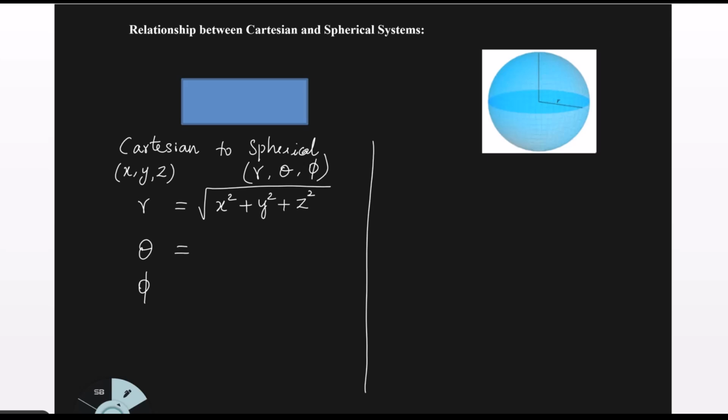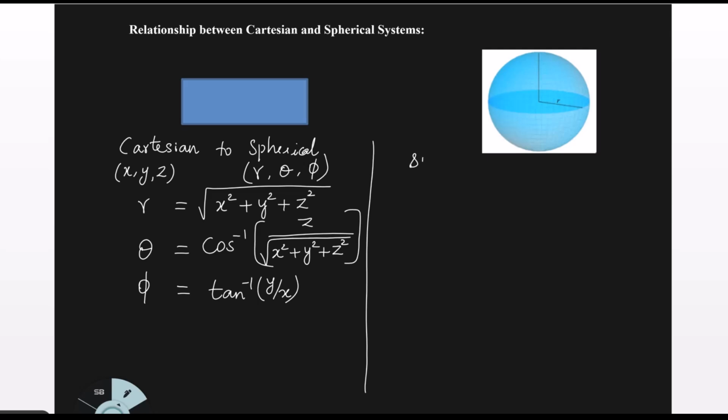Then theta equals cos inverse of z divided by the square root of x square plus y square plus z square, and pi equals tan inverse of y by x. Thus, these are the formulas to convert a Cartesian system to a spherical coordinate system.